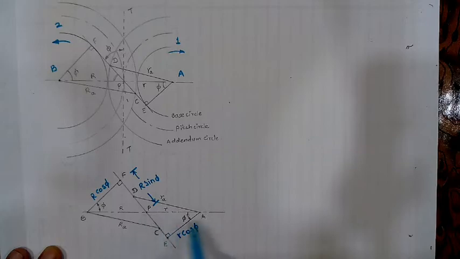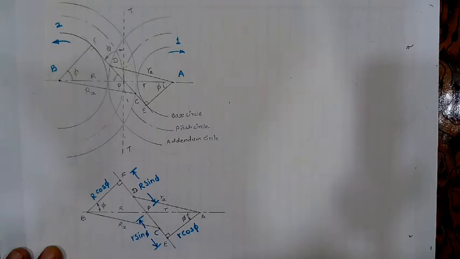Similarly, in triangle PAE, the side PE is opposite to angle phi. Hence, this distance will be in terms of the diagonal. The diagonal is the pitch circle radius of pinion, which is small r. So it will be small r sin phi.